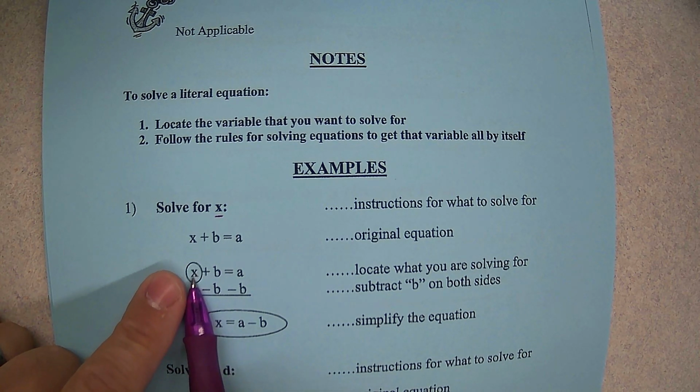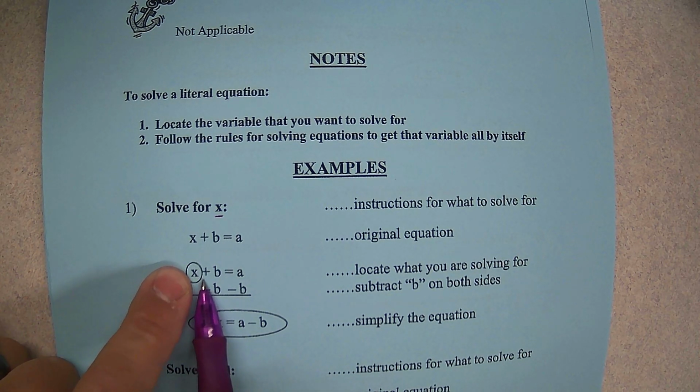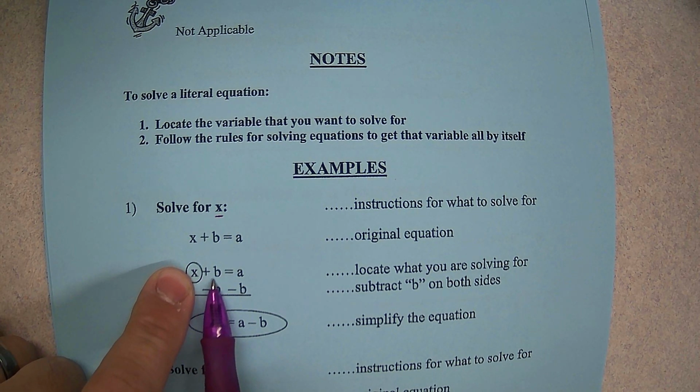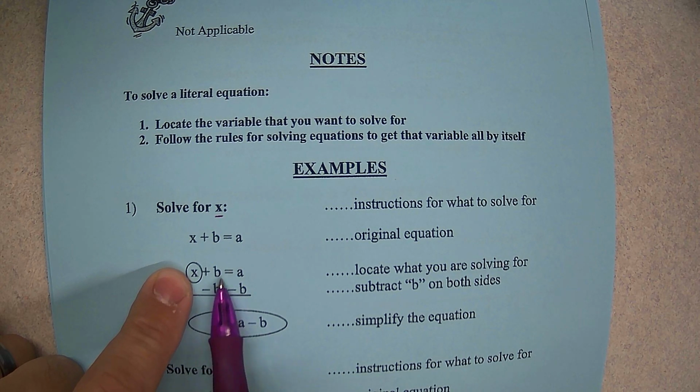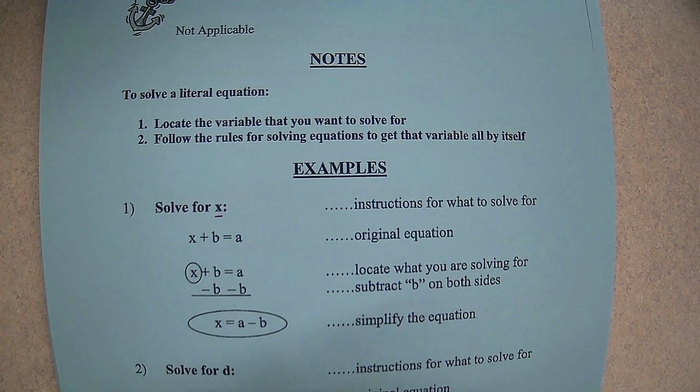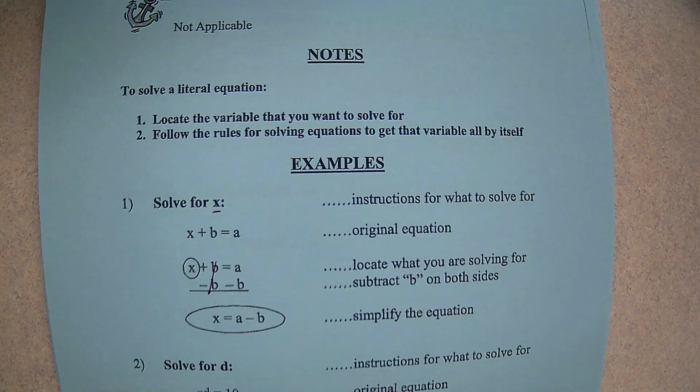So if I have x here, it has this plus b. So I want to get rid of that b. But it's a plus b. So we do just what we would normally do if we were adding in a number. We would do the opposite. So instead of adding b, we're going to subtract b from both sides. B plus b, no matter what it is, is going to cancel out and go away.